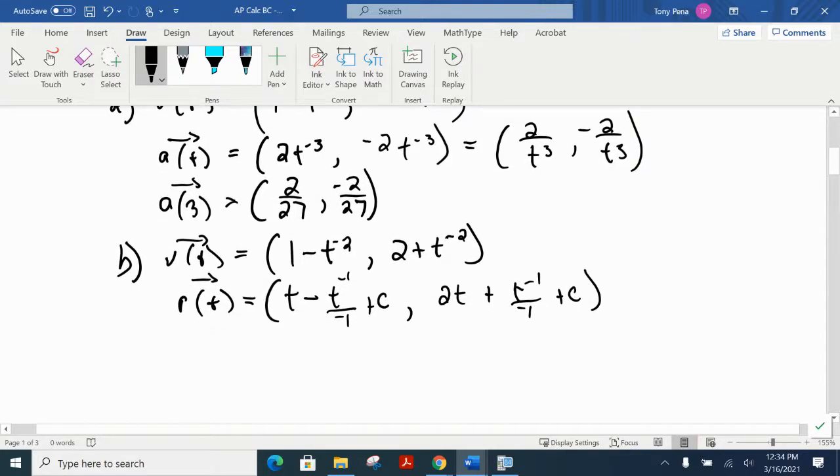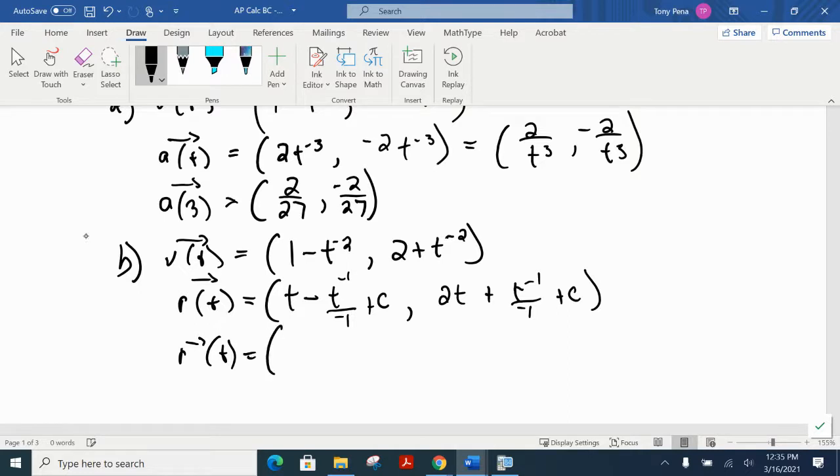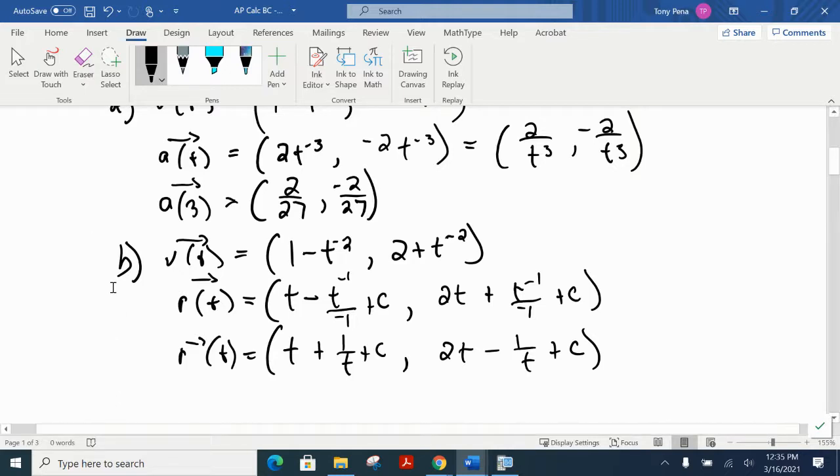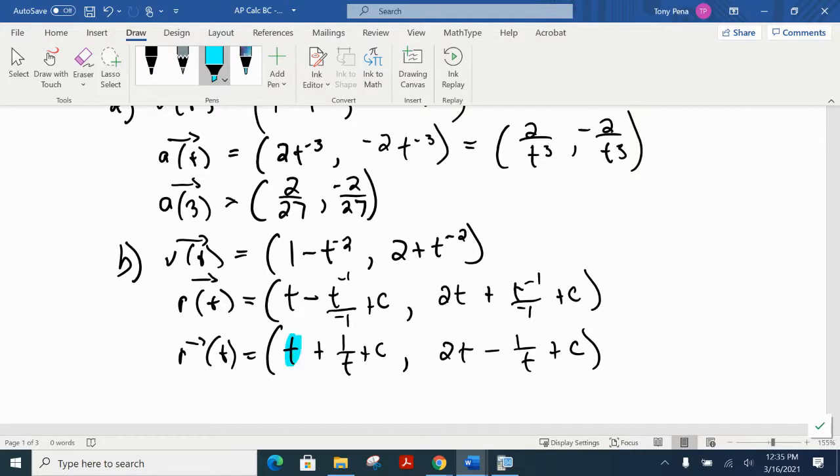I would recommend rewriting that real quick before you start your substitutions. So we're going to get t plus 1 over t plus your constant, and 2t minus 1 over t plus that constant. And then now we're ready to do your initial position and all that good stuff. This is your x position, the t plus 1 over t plus c.